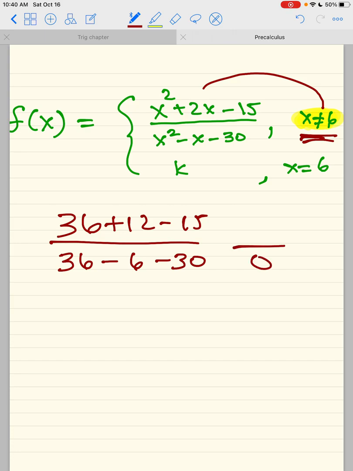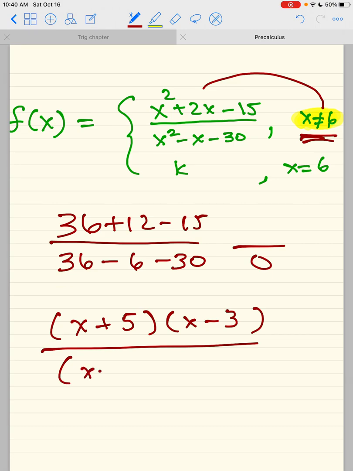The bottom I know is 0. The top is not 0. So let me factor out the top. Still not gonna, let's see what we can do. X plus 5, X minus 3. X plus 5, X minus 6.